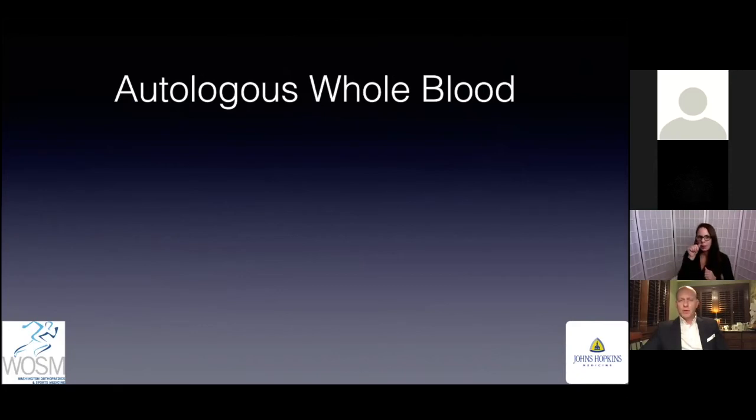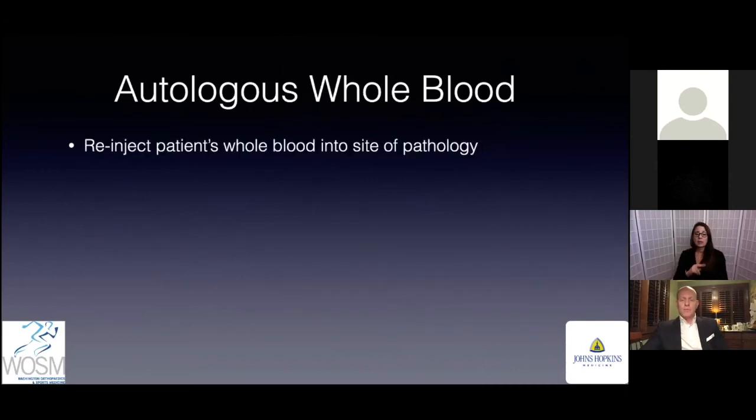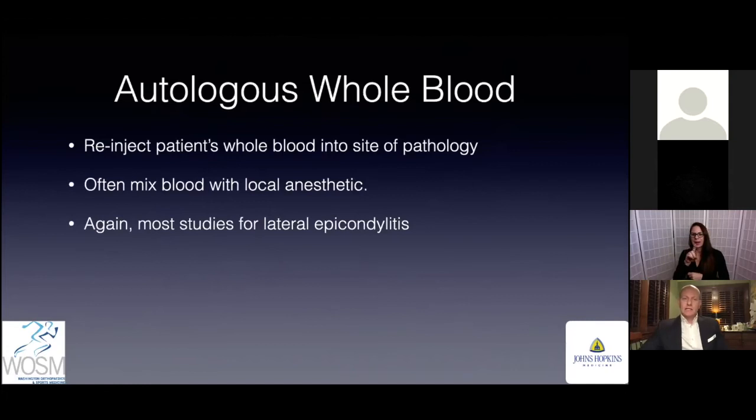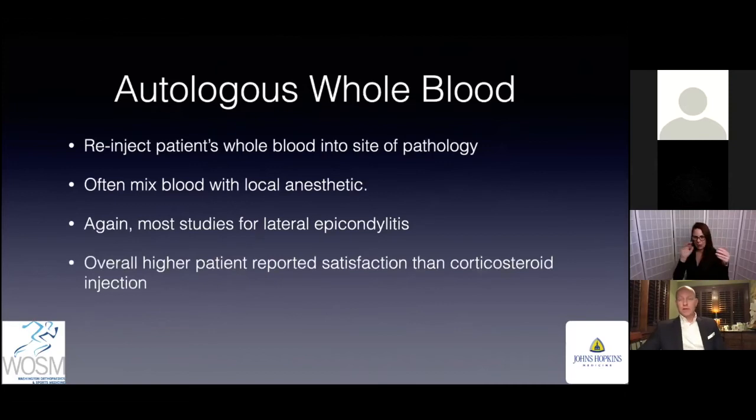Autologous whole blood, I'm just going to talk about briefly. This just means taking whole blood, just drawing blood out of your arm, diluting it with a little bit of local anesthetic like lidocaine or bupivacaine, and then re-injecting this into the site of pathology, which again, most studies are using lateral epicondylitis or tennis elbow to compare this. The gestalt on this, or the overall vibe, is that most studies show that this does have a positive effect.